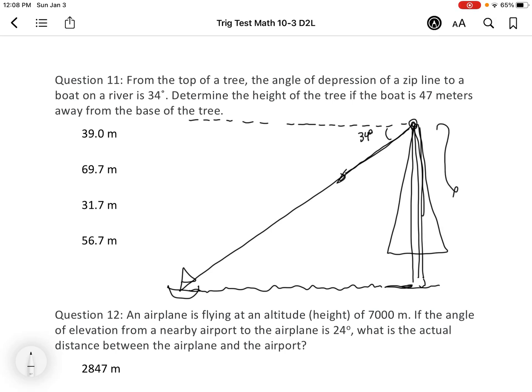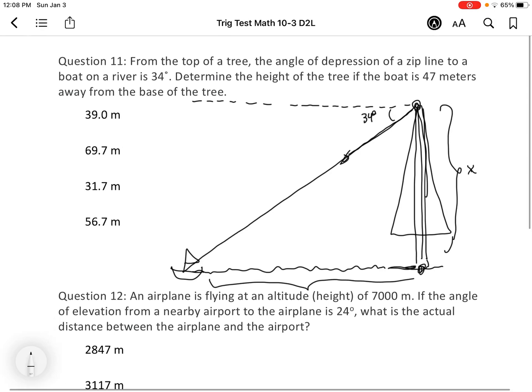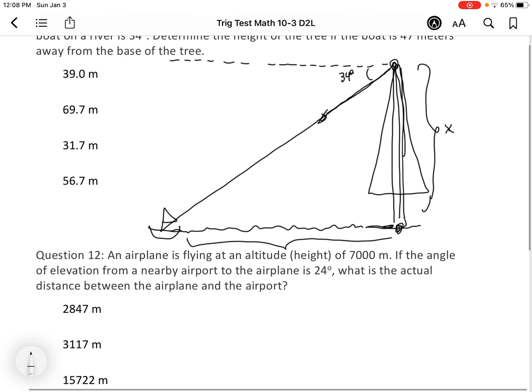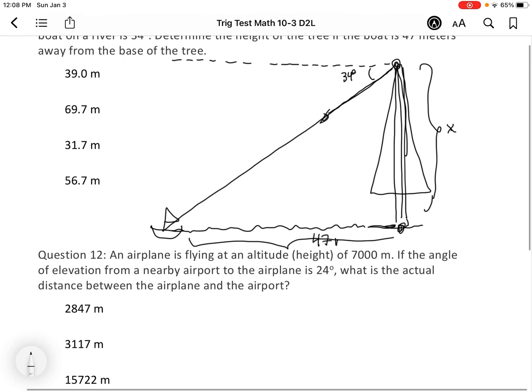So we want to know what's this, if the boat is 47 meters away from the base of the tree. So what is the height, if this is 47 meters? Okay, and here is our right angle right there.